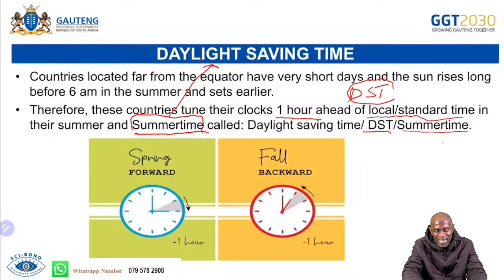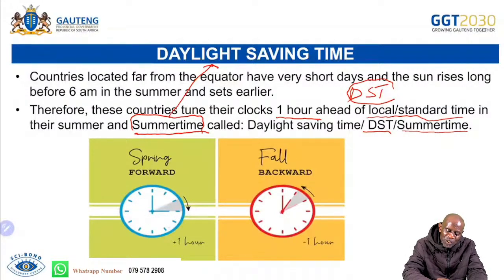So meaning that during certain seasons of the year, especially summer, some of the countries, because of long hours of the day, because of the long duration of sunrise during the day, then they add 1 hour to their day.